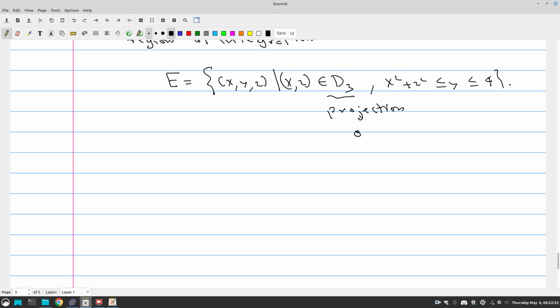D3 is the projection of E on the xz plane, and D3 is the circle x squared plus z squared equals 4, on the xz plane.